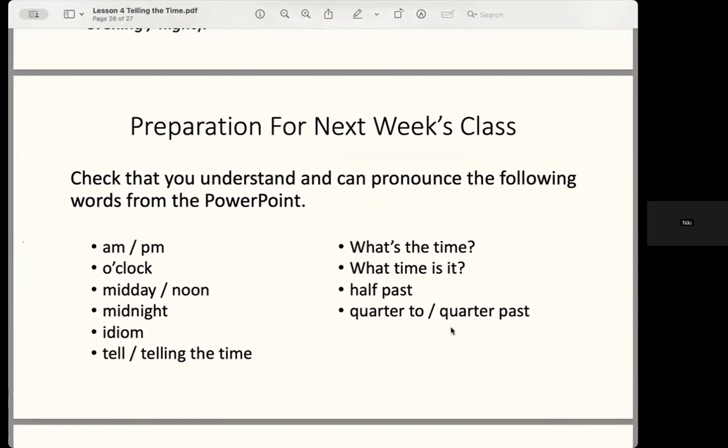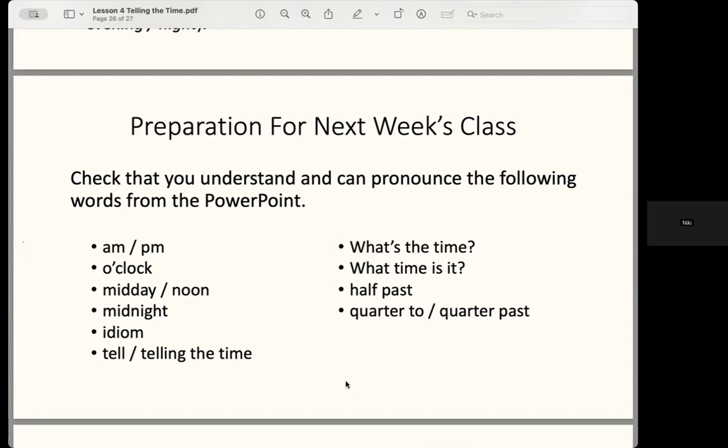And then we have midday or noon, which is when it's 12 in the afternoon, on the dot of 12. And then after that, it becomes afternoon. We have midnight, which is again 12 o'clock, but it's 12 a.m. and that is midnight. Very strange, because a.m. is supposed to be morning, but we call it midnight.